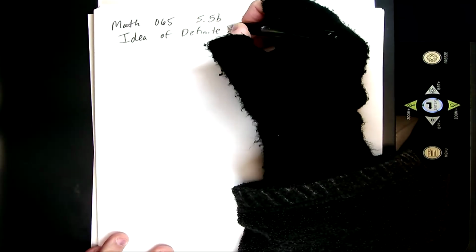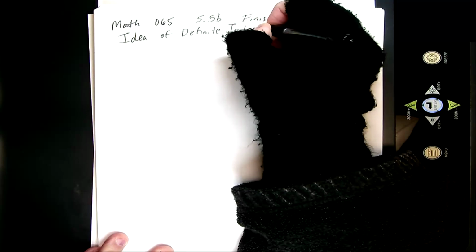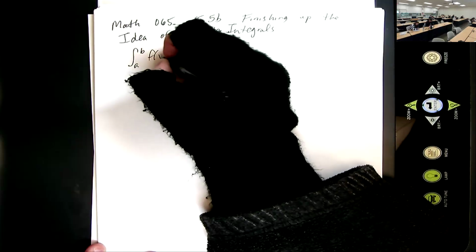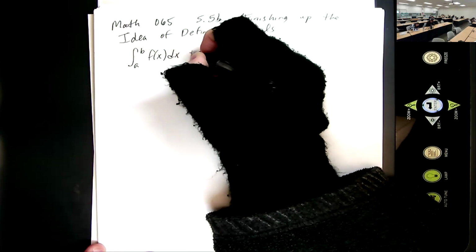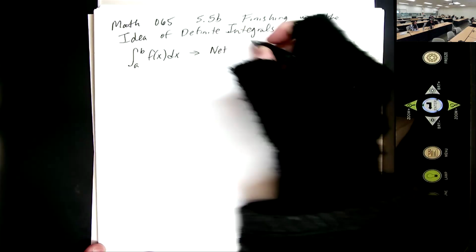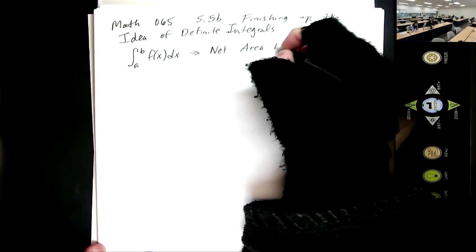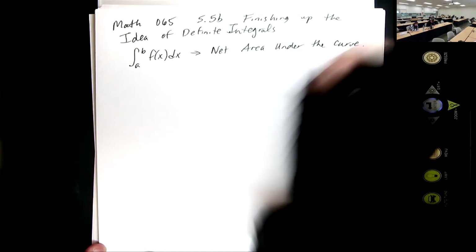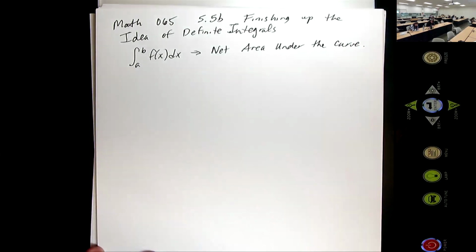It's the area. The integral from a to b of f of x dx is going to represent the net area under the curve. We have a formula for figuring this out, but sometimes the formula doesn't help where common intuition does.